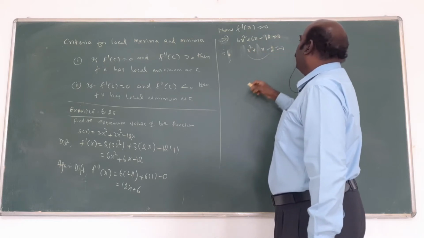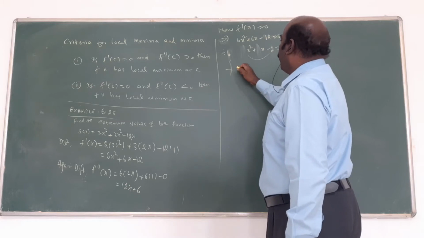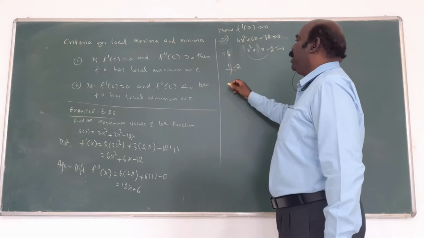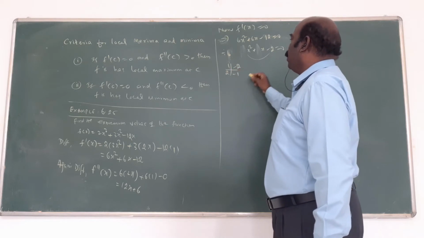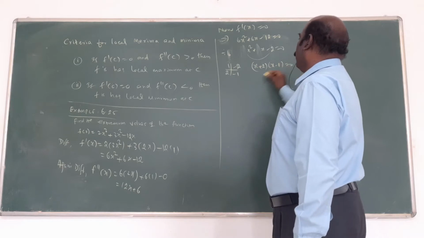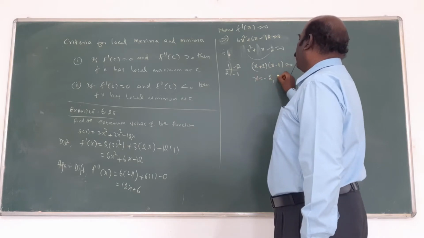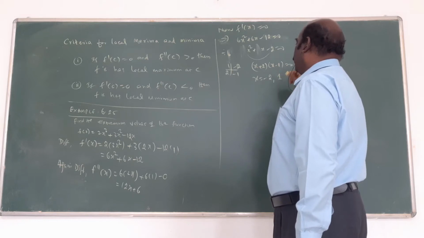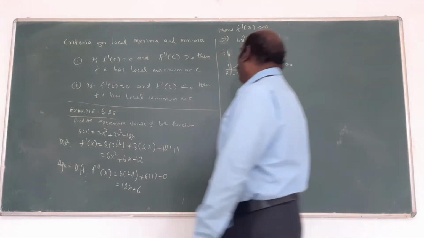Now, factorize. Product of two numbers is minus 2, sum of them is 1. What are the numbers? 2 and minus 1. So, (x plus 2)(x minus 1) equal to 0, x equal to minus 2 and 1. Okay? These are the x values. Now what you do?